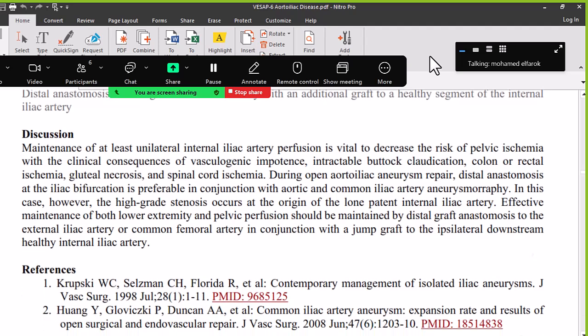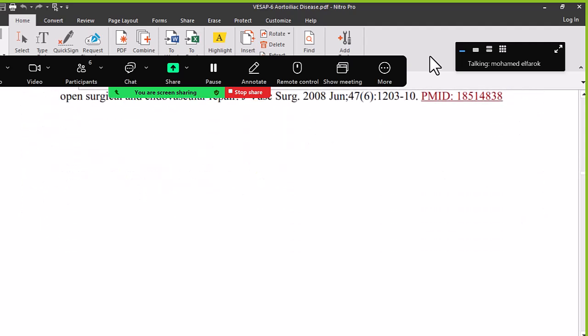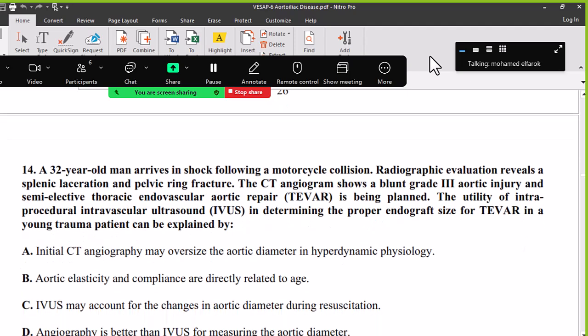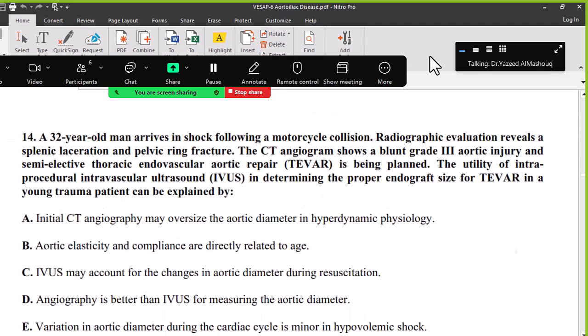Discussion is very important. Does anyone want to ask artificial intelligence anything? Yes, please, a question, Dr. Muhammad. If we need to sacrifice both internal iliac arteries, we'll do it as a staged procedure? Yes. You will wait for 2 weeks, 1 week. What is the ideal period between the two?